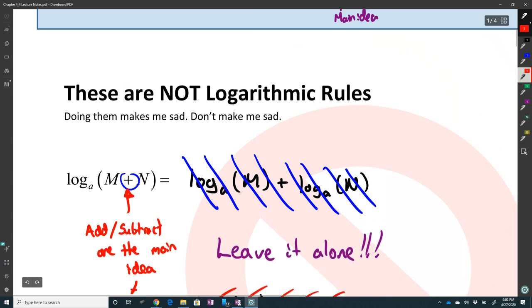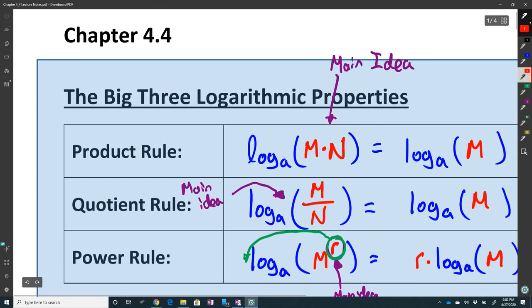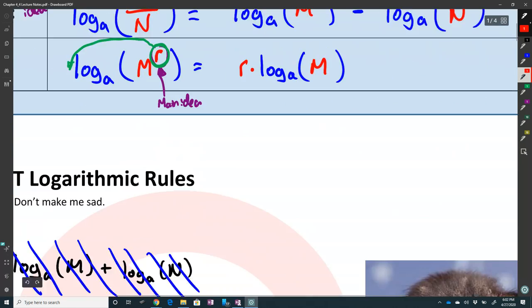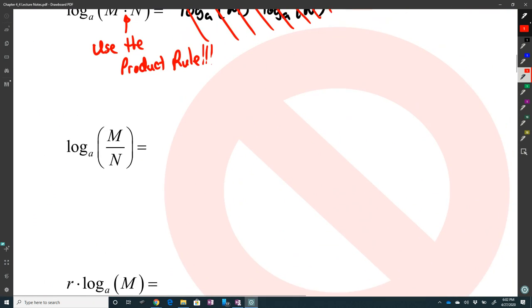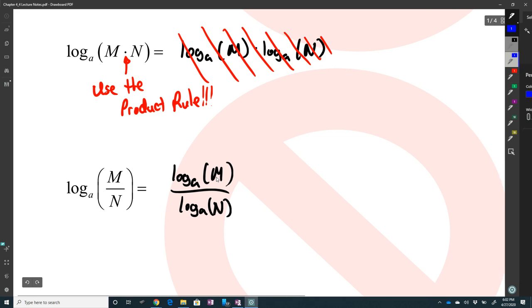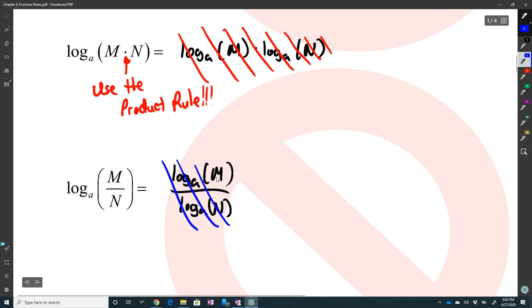And the product rule is this one that we just talked about. Same thing with the division one. You can't do log base A of M over log base A of N. That is illegal. For that one, you would use the quotient rule.